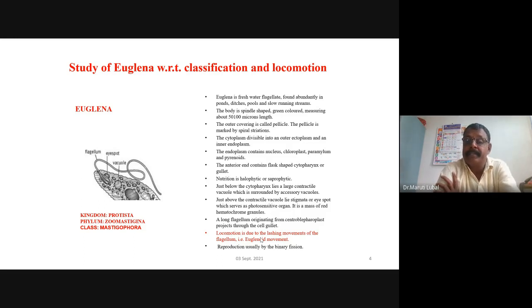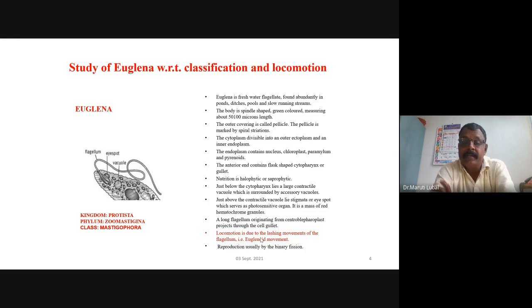The outer covering is called the pellicle, which is marked by spiral striations. The cytoplasm is divisible into an outer ectoplasm and inner endoplasm, a two-layered animal. The endoplasm contains the nucleus, chloroplasts, paramylum, and pyrenoids. The anterior end contains a flask-shaped cytopharynx, also called the gullet.